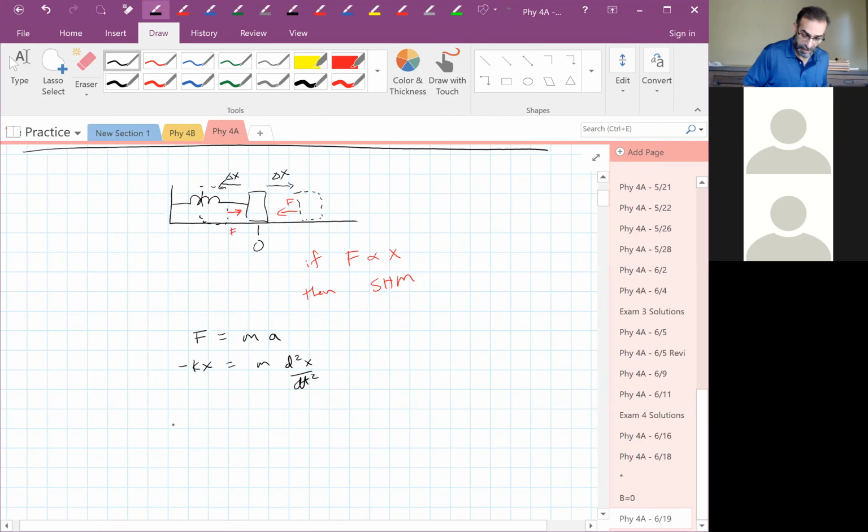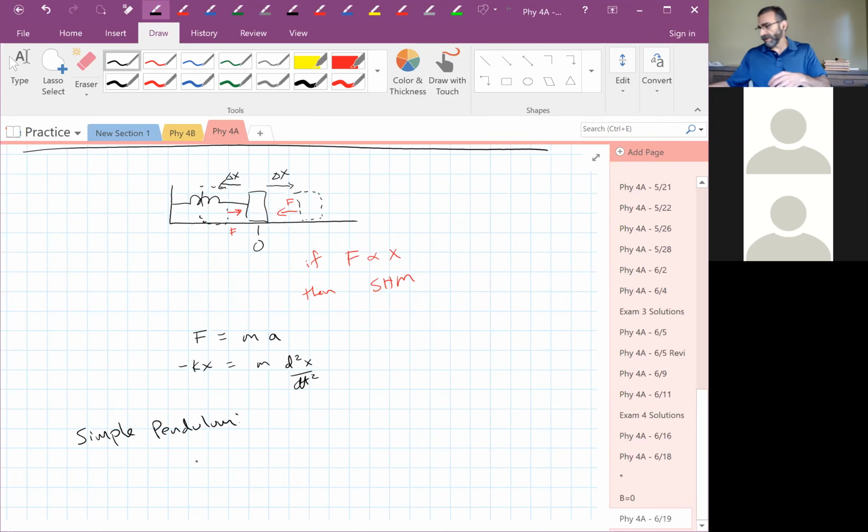We'll talk a little bit about a simple pendulum. A simple pendulum, all the mass is at the end. The string is massless. All the mass is at the end. That's a simple pendulum. A physical pendulum is like a long rod that's rotating back and forth.